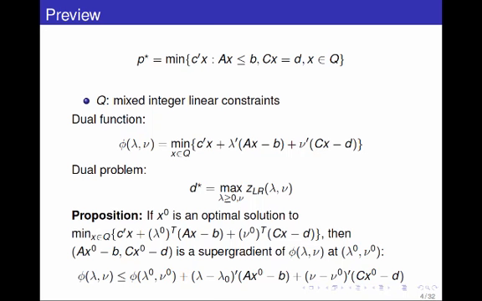The reason I'm separating these constraints from these is that I will want to relax these constraints in order to simplify the solution of the problem. By mixed integer linear constraints in this set, I mean that Q is a set of x's such that you can express it as a bunch of linear inequalities, different from the ones that are over here, and then some of the components of x are binary or integer.